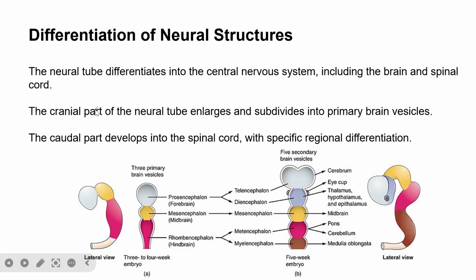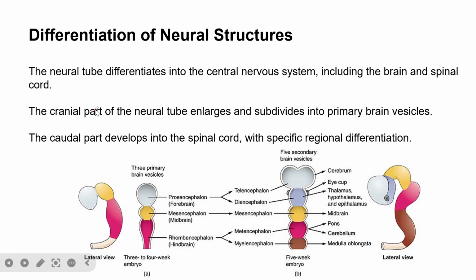And then, as you can see, the forebrain will further be divided into two, telencephalon and diencephalon. And of course, the midbrain remains as it is, which is mesencephalon.